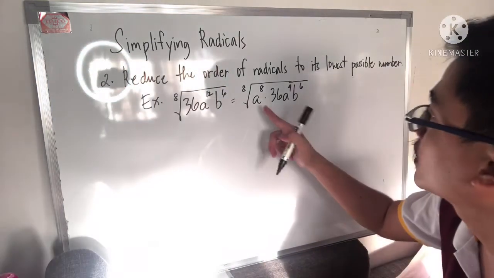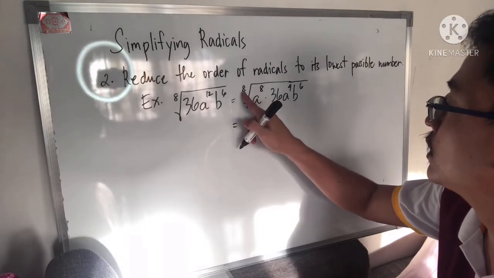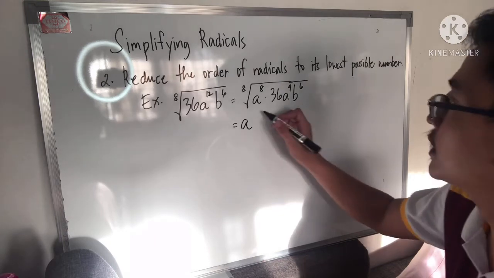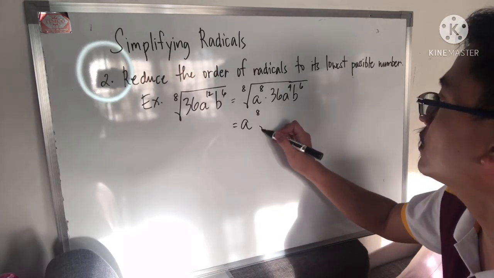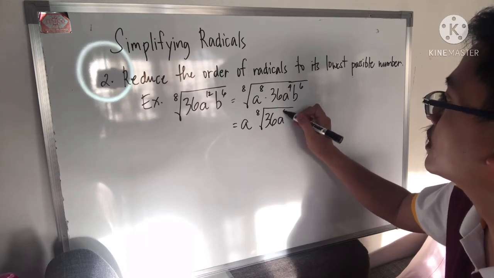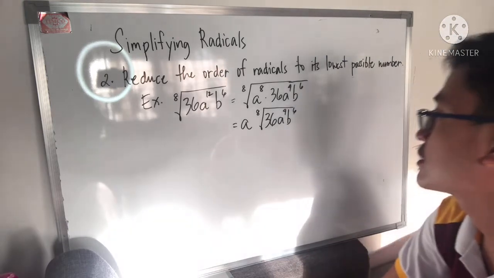Okay? Based on the laws of radicals, the 8th root of a raised to the 8 is just a. Then, let's rewrite this: the 8th root of 36 a raised to the 4th b raised to the 6.